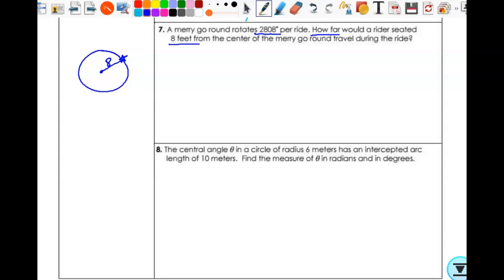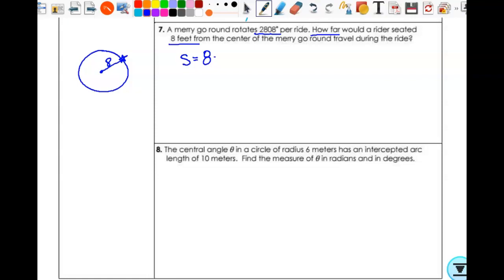But that's still a length. It's just like a lap, how many laps you made, that's how far you've run. And so I can go ahead and set this up and say, all right, I'm looking for the arc length. That's equal to the radius, which is 8, times the angle. But do I get to use 2,808? No, because that is not in radians. Now, we used logic last time. Is logic going to work for us this time? No, probably not, right?